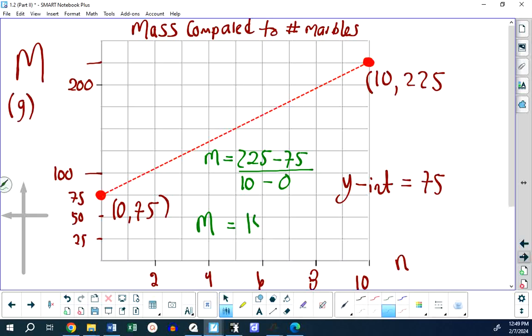And that works out to 15. Am I right? 15 what? Grams per marble. Of course it's 15 grams per marble because each marble is 15 grams.